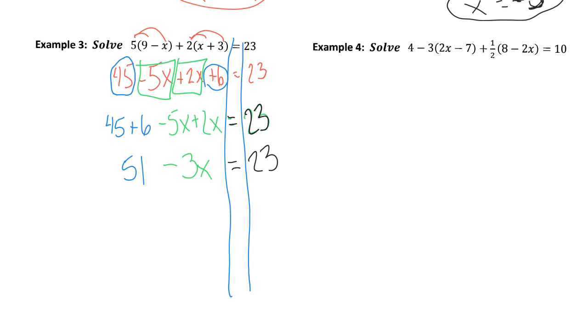Okay, so we always do addition or subtraction first. So the opposite of a positive 51 is to subtract 51 from both sides. That leaves me on the left with a negative 3x. And 23 minus 51, throw that in your calculator. You should get negative 28. Okay, now divide both sides by negative 3.